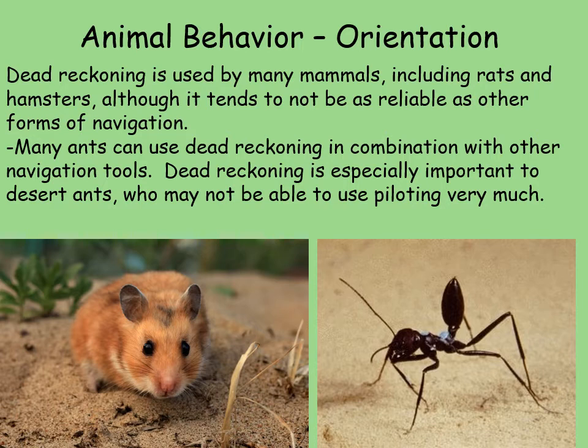So it's especially important to desert ants. Like I mentioned before, if you're living in a very fluid desert where there's not a lot of landmarks, then these ants might have to rely a lot on dead reckoning. So they just go out on a trip and they're kind of keeping track of all of the movements that they take in order that they can find the most direct way to get back to their home colony.